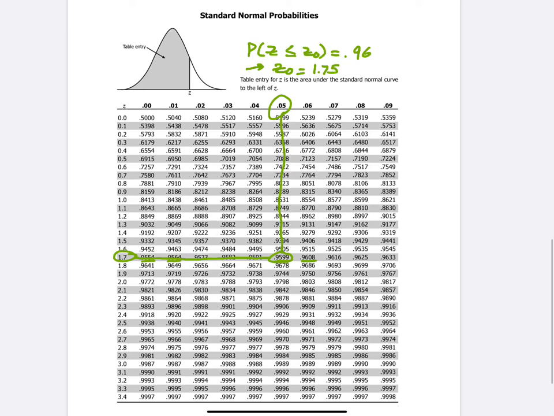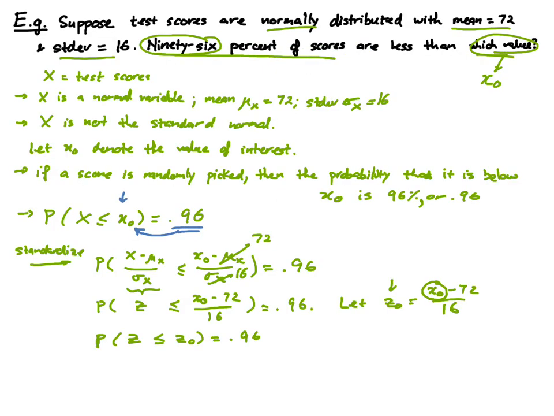At this point, maybe you should pause the video, rewind it if you want, and make sure that you understand what we're doing here. So let's go back to our problem. We know that a z value of 1.75 gives us the probability that Z is less than or equal to z0 of 0.96.